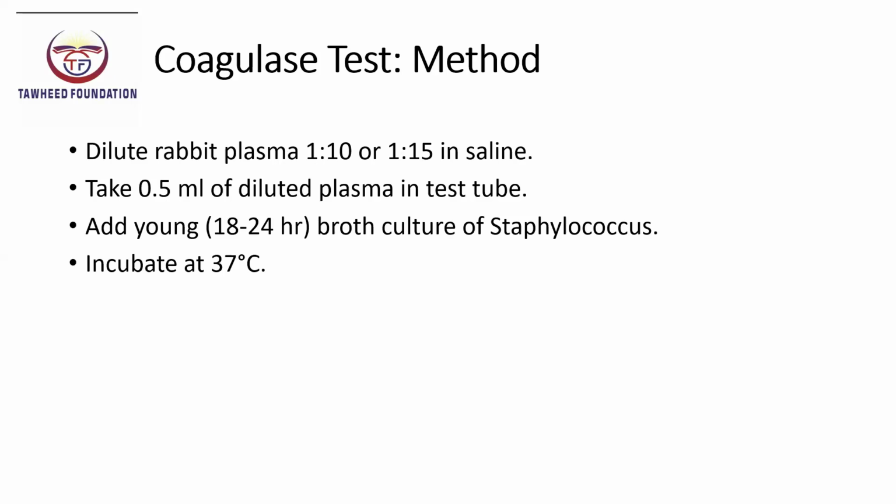To the positive control tube, add a known coagulase-positive Staphylococcus aureus culture. To the negative control, add sterile broth. Incubate tubes at 37 degrees Celsius and observe for clot formation at intervals up to 4 hours. If no clot forms after 4 hours, incubate overnight at room temperature. Clotting indicates free coagulase positivity.